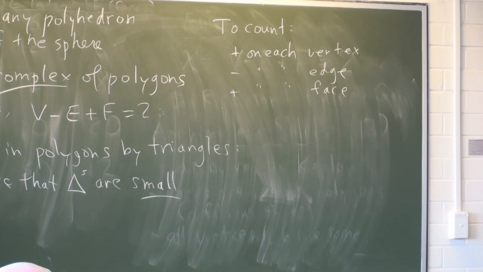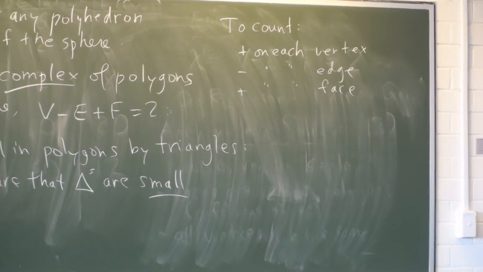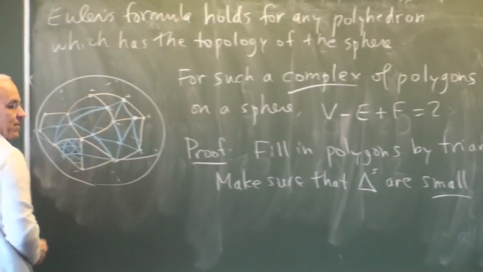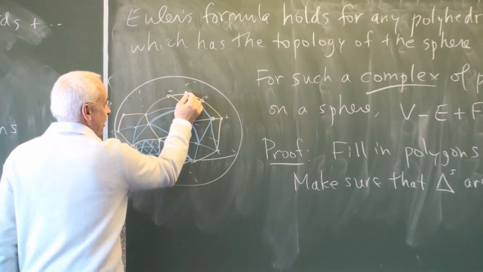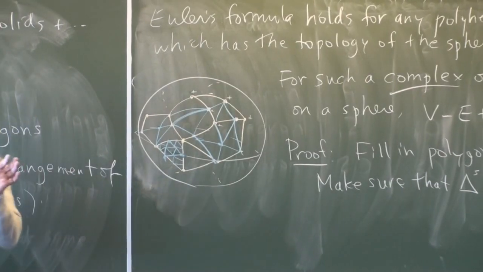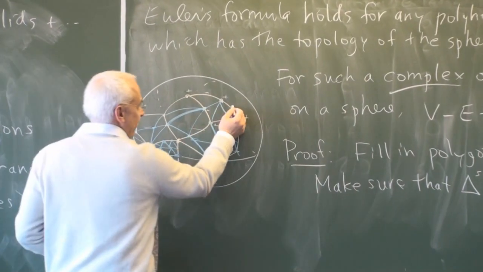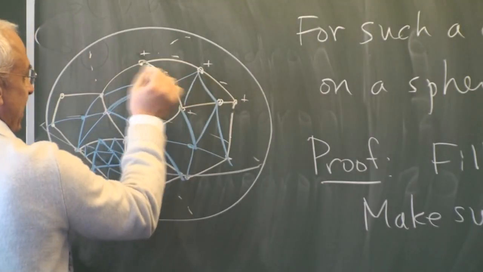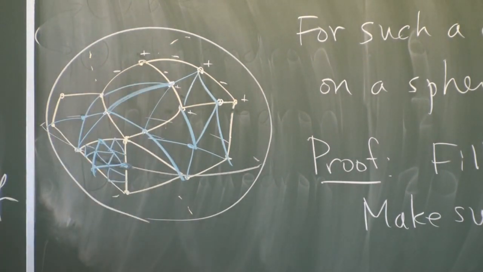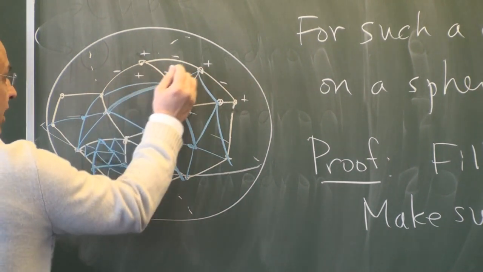So we'll put little pluses on each of the vertices, and then little minuses in the middle of each edge. And then each face gets a little plus sign, right in the middle of the face.